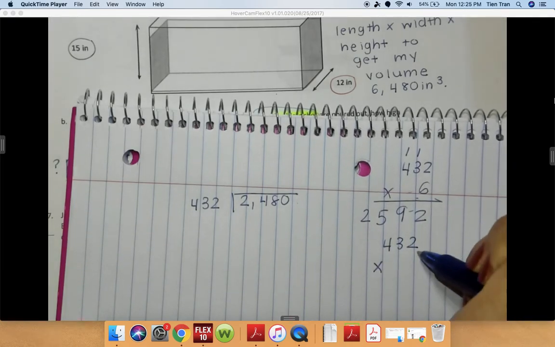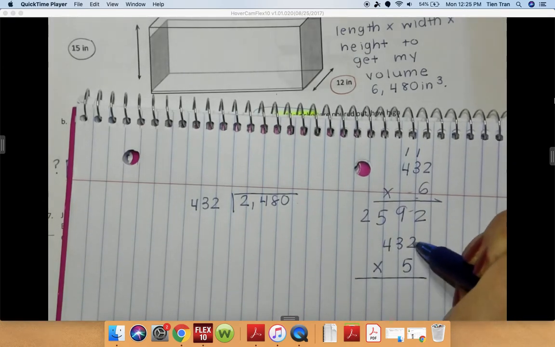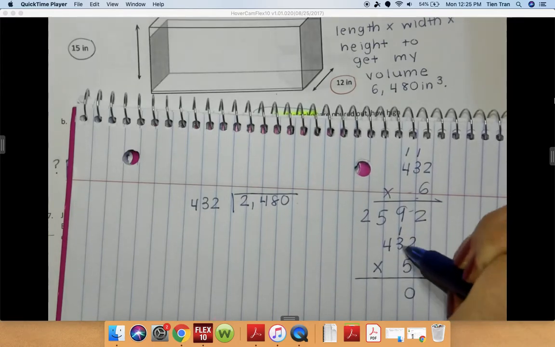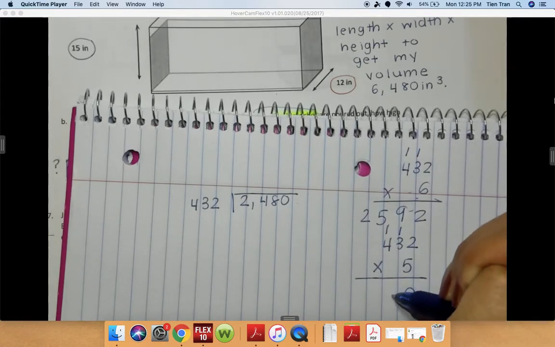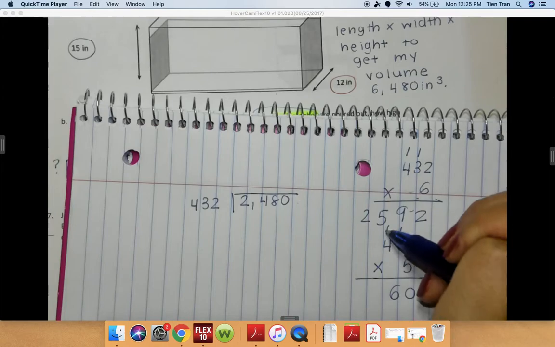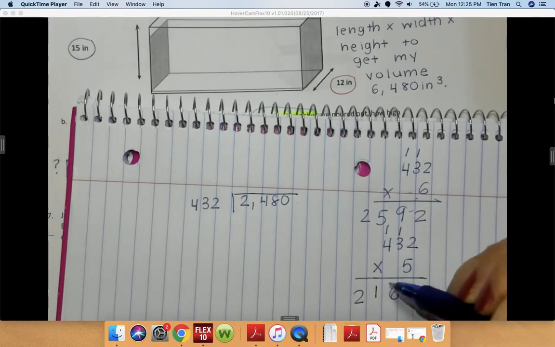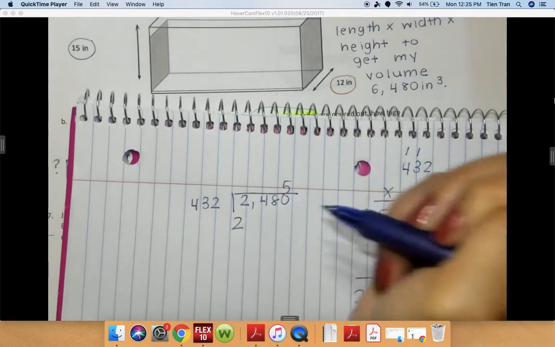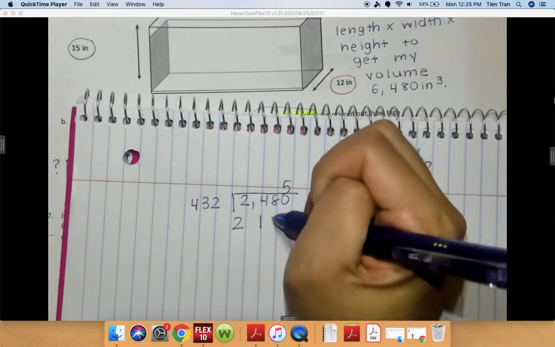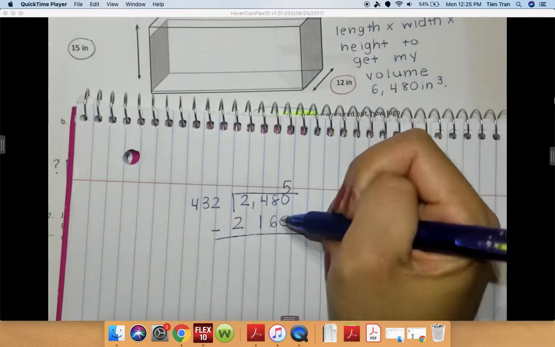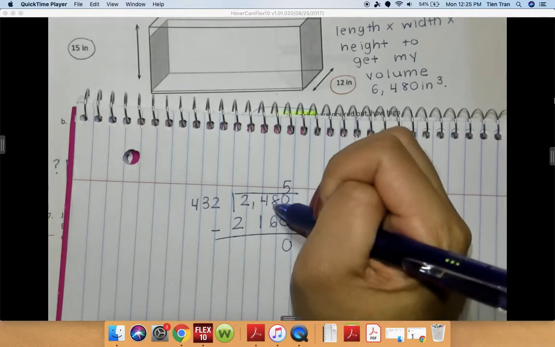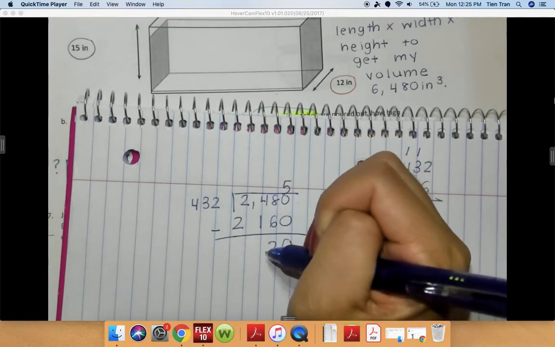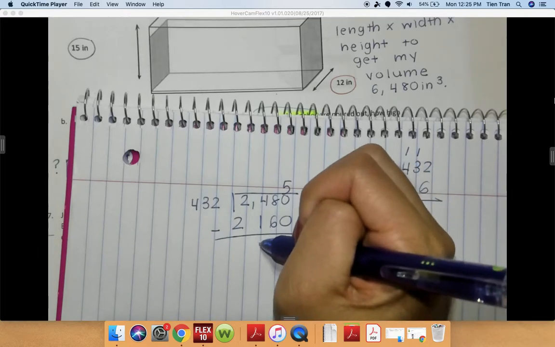432 times 5. 5 times 2 is 10. 5 times 3 is 15, plus 1 is 16. 5 times 4 is 20, plus 1 is 21. So this number makes more sense because I can subtract and I can't go any lower than that. 2,160. 0 minus 0 is 0. 8 minus 6 is 2. 4 minus 1 is 3.